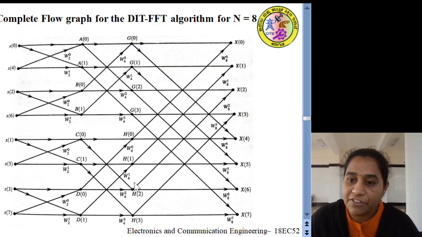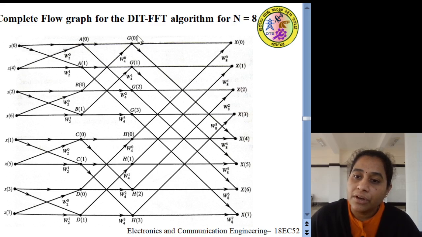So in the first stage of decimation, x of 0 to x of 7 is converted into two 4-point DFTs, g of 0 to g of 3 and h of 0 to h of 3. So g of k and h of k. x of k is the n-point DFT, and g of k and h of k are n by 2-point DFTs.